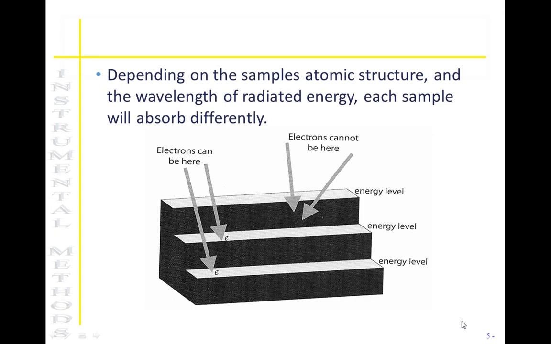So we can think of this as the matter being a set of steps. As the matter is hit with the radiated energy, those electrons are going to fall down to a different step in that complete staircase.